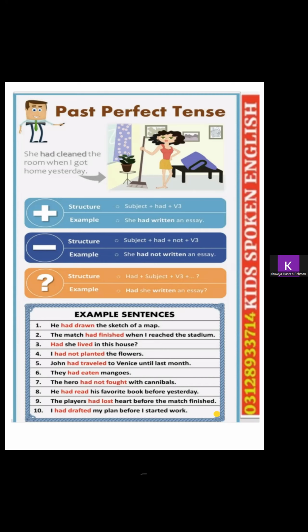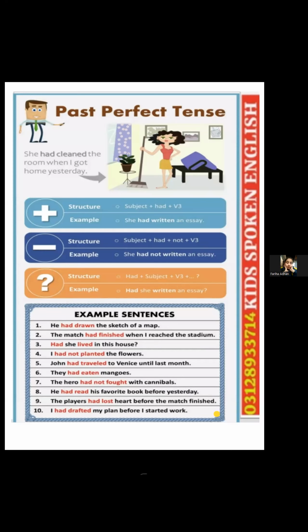Had she lived in this house? It's a question. I had not planted the flowers. John had traveled to Venice until last month. They had eaten mangoes.